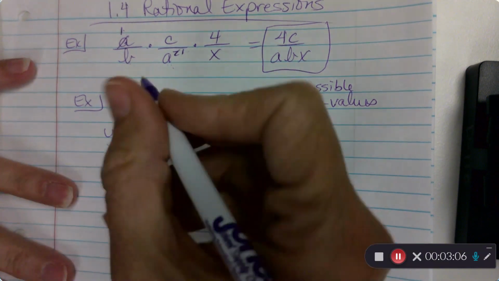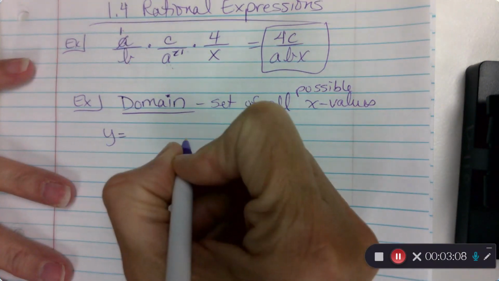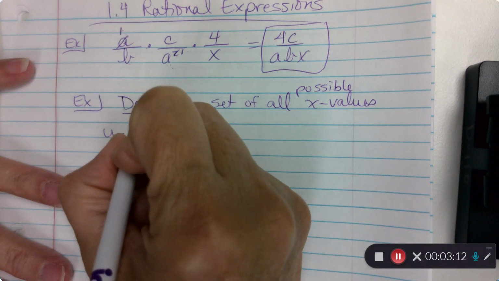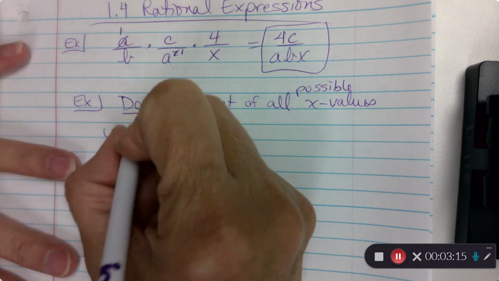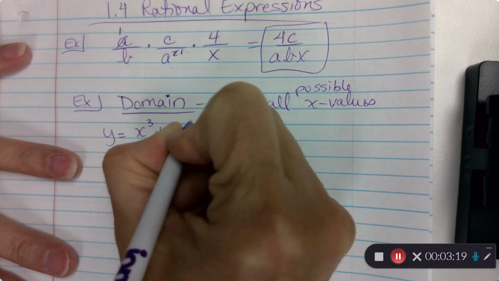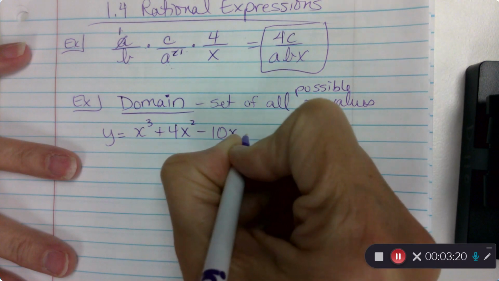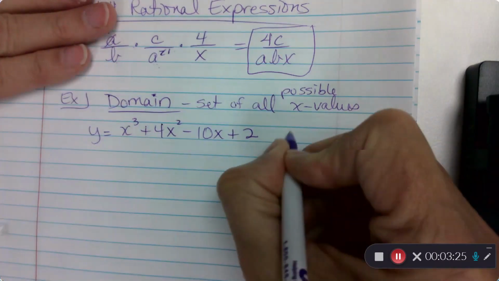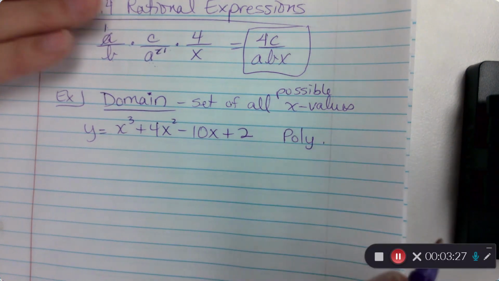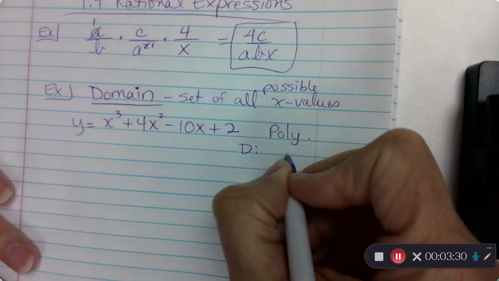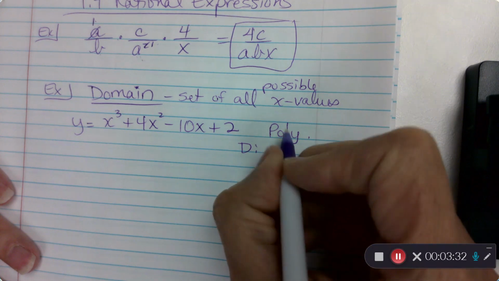The issue is, if I have a polynomial function, have we talked about this at all? I guess it's just because I taught it yesterday. If I just have any polynomial, do you know what the domain is? All real numbers.